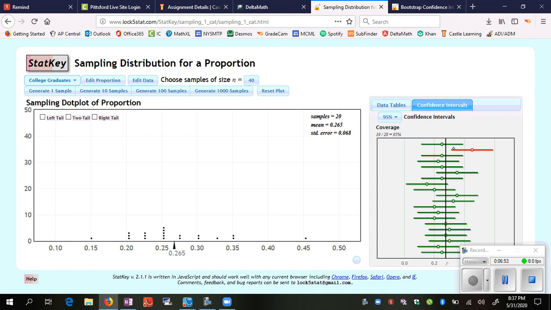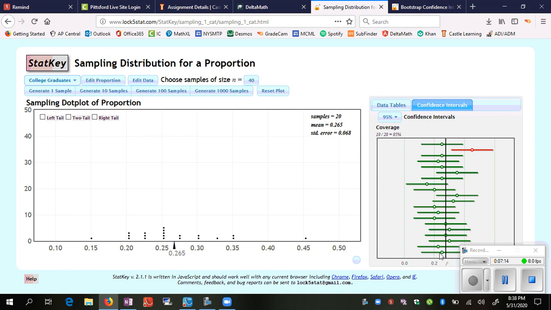But the main idea here is that 19 out of the 20 did have a confidence interval that worked. And 19 out of 20, coincidentally enough, is 95%. So 95% of these confidence intervals I just made did actually hit the population proportion.